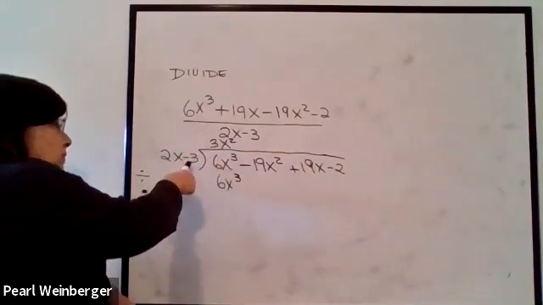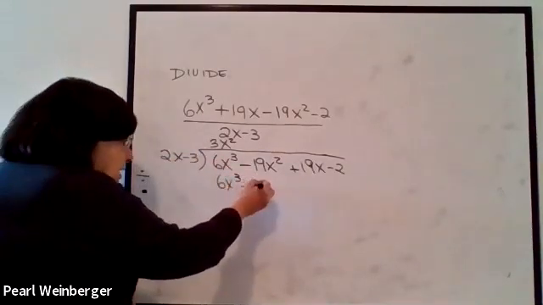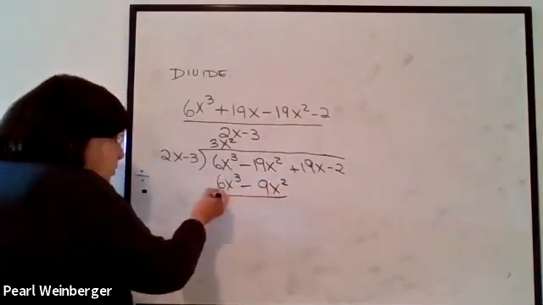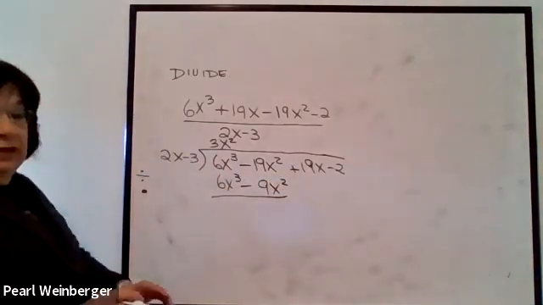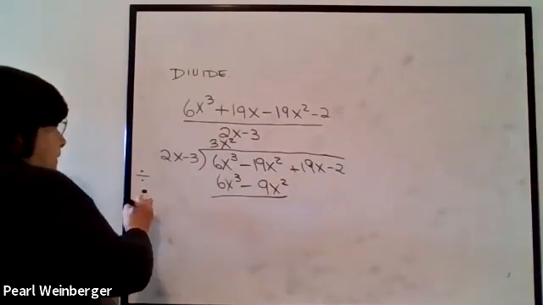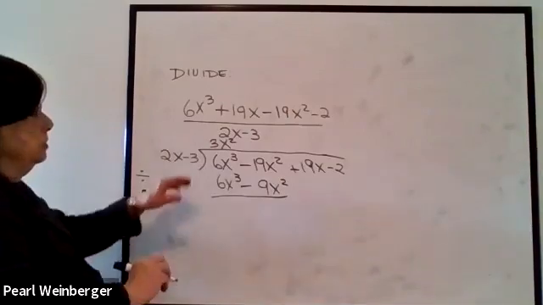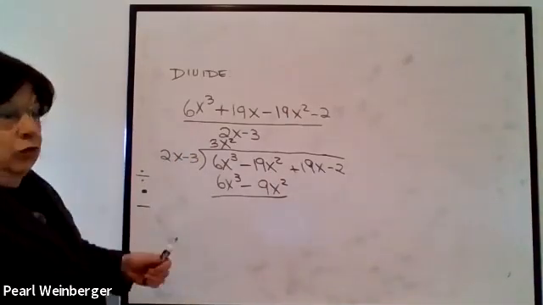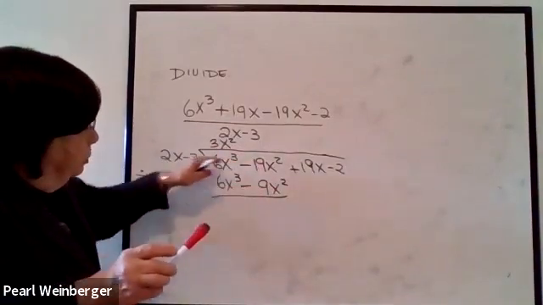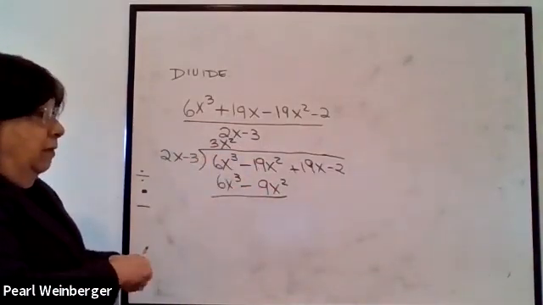And 3x squared times negative 3 gives me negative 9x squared. That was our second step, is to multiply. The third step is to subtract. We're going to subtract our original thing by what I just put on below it.